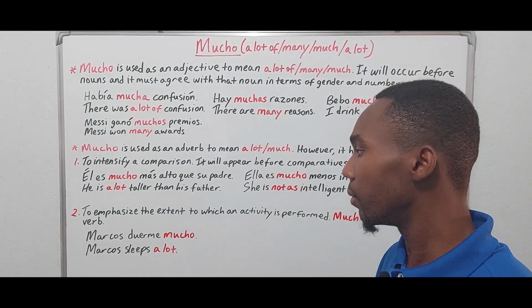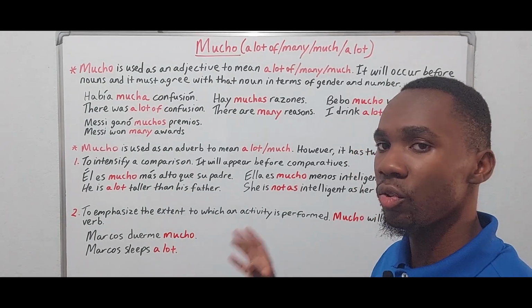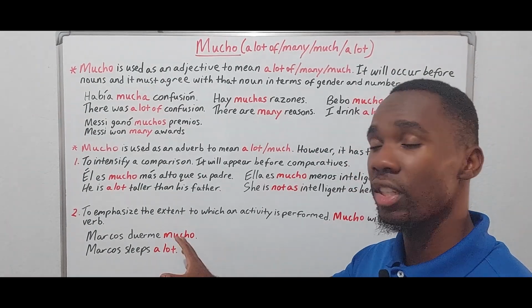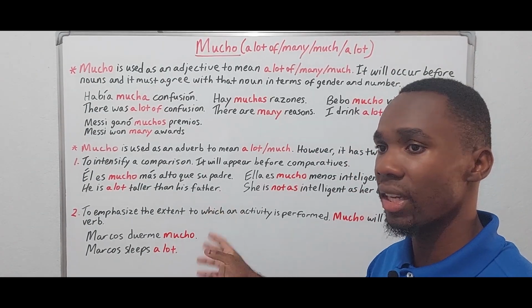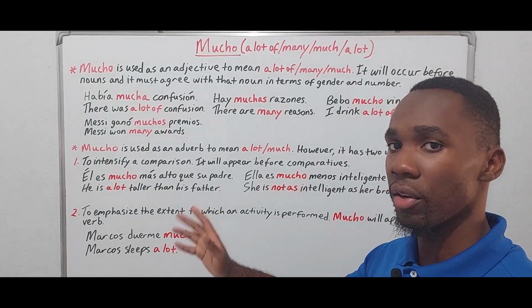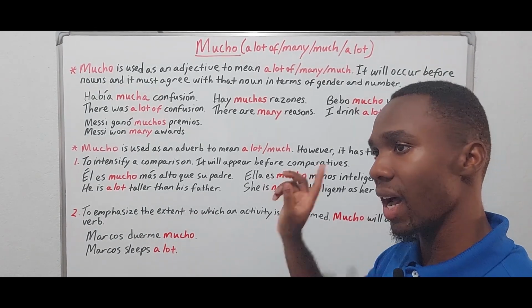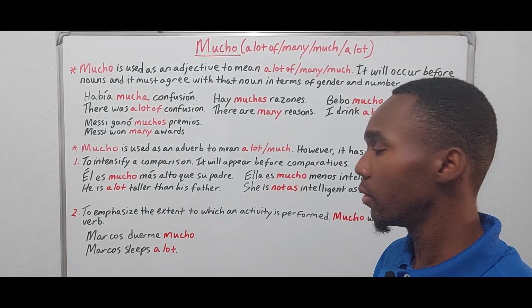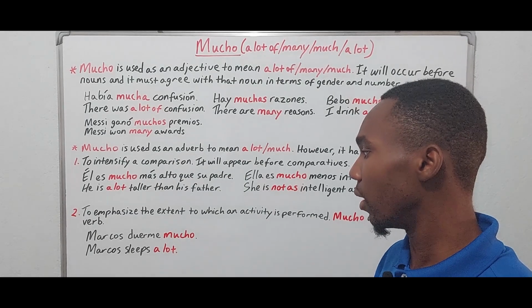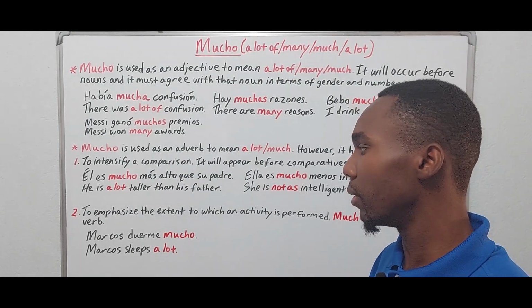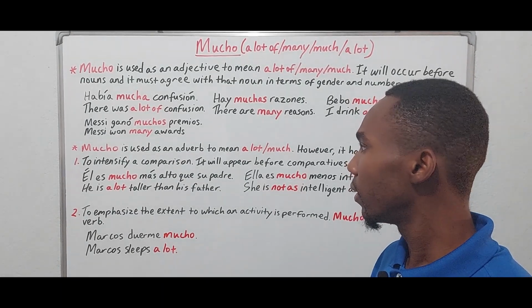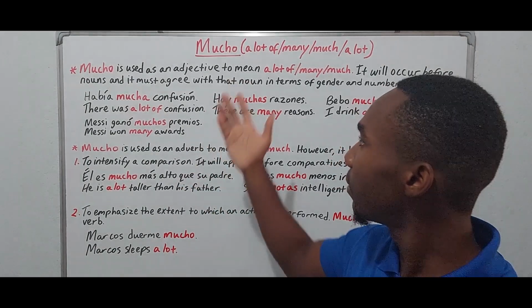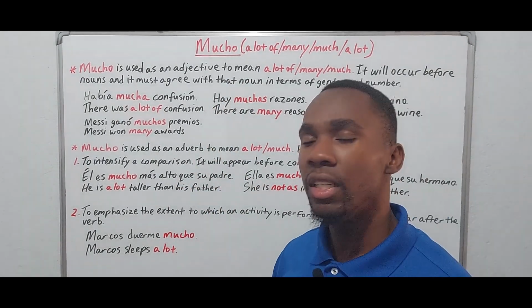When it's used like this, and once again, it does not change form, it does not have to agree with gender or number because it's modifying a verb and it goes after that verb, right? So Marcos sleeps a lot. Marcos duerme mucho.